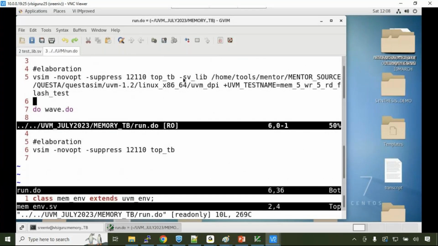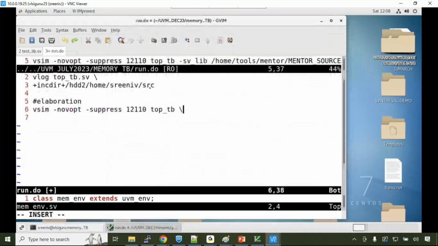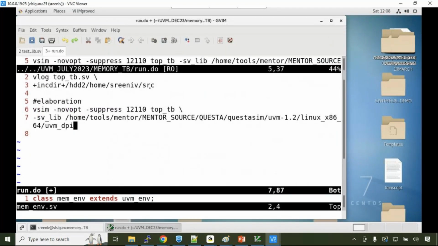Please see line number 7, what I did. Whenever you run UVM code with QuestaSim, you have to give something like that. If you are running on your own laptop, then this will be different.